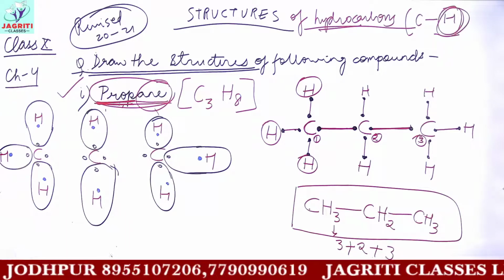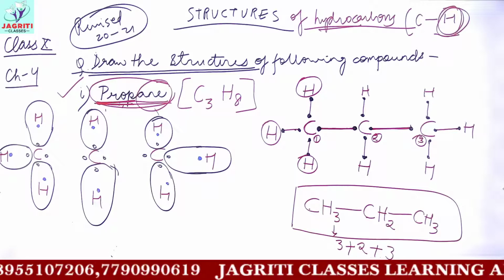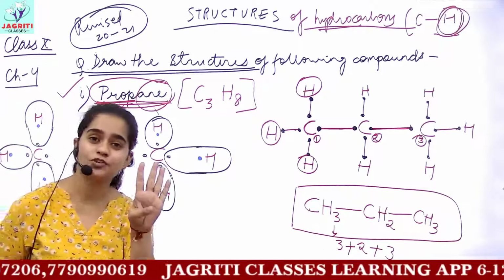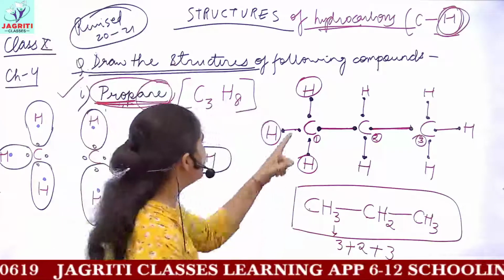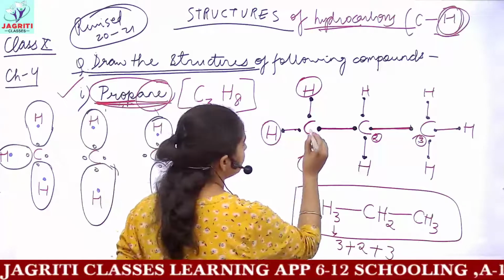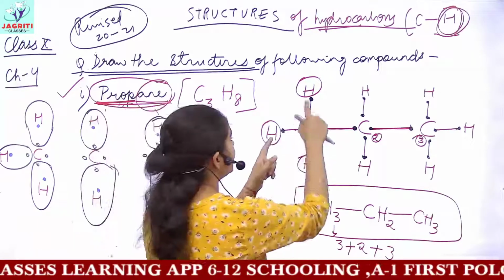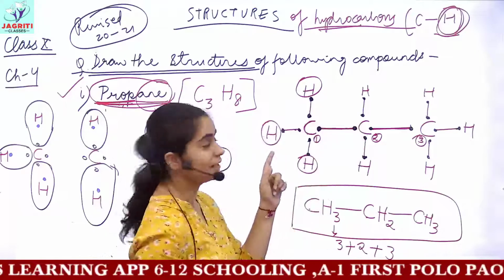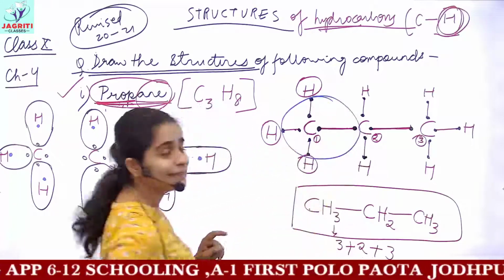Now you have to complete the carbon sharing circle. So how to do that? Carbon originally contains 4 electrons with it, and it requires 4 other electrons. So let's say the first carbon already contains 4 electrons, and then it will share 1 electron from each of the neighbors. So the sharing circle formed would be in this manner.